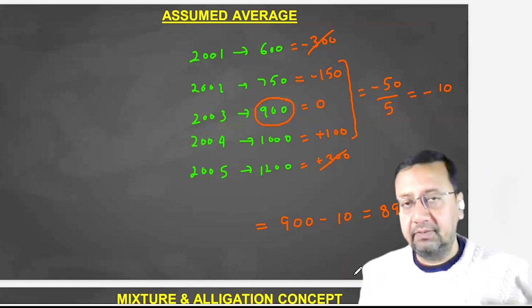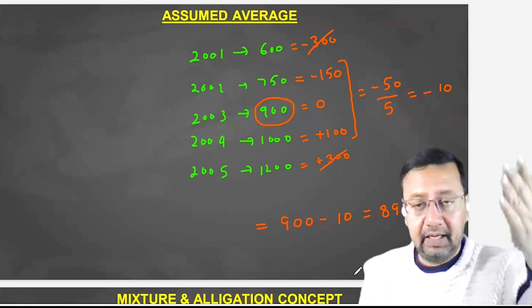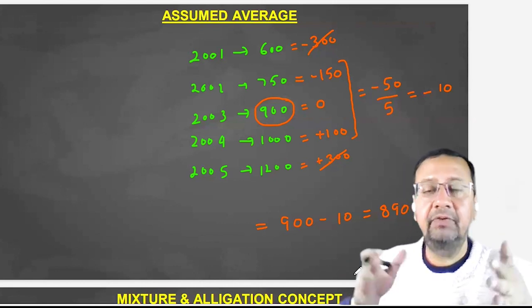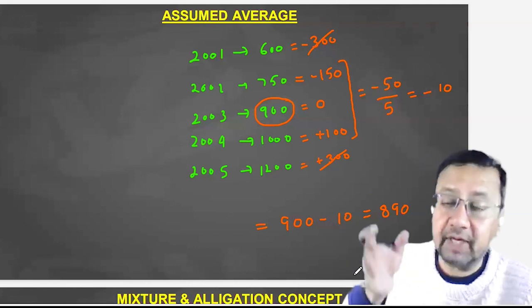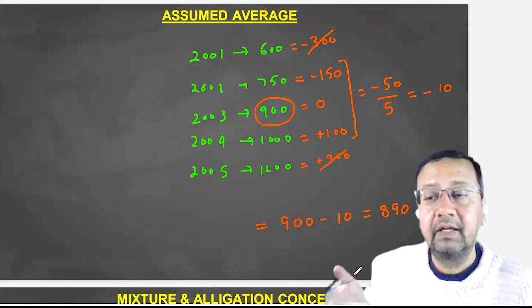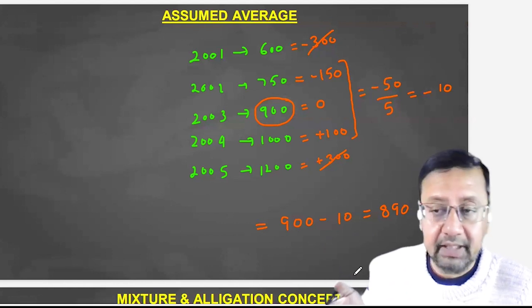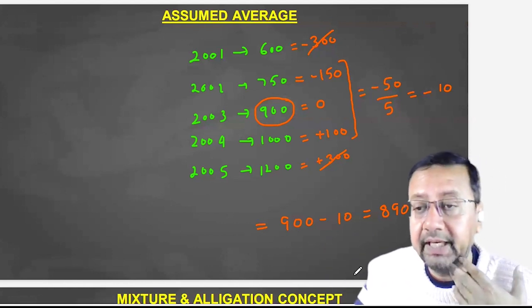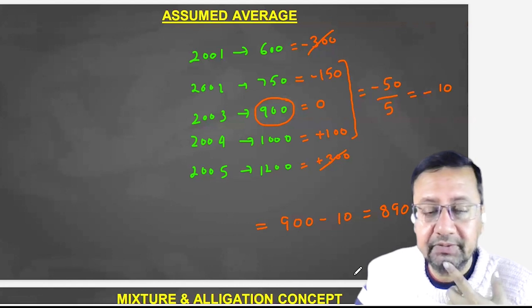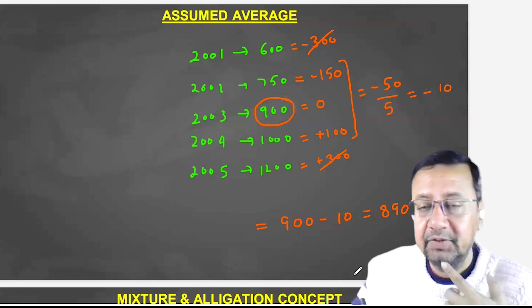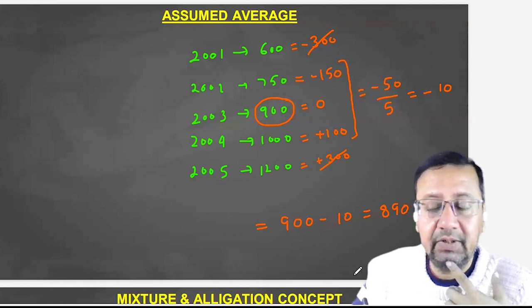But in the normal way, adding all these bigger numbers gives a bigger answer, around 4500. Dividing by 5 may create an error, as Aditi got an answer of 880, which is not correct. The correct answer is 890. Right, Aditi? Have you checked this? Yes, sir. So the correct answer is 890, not 880.